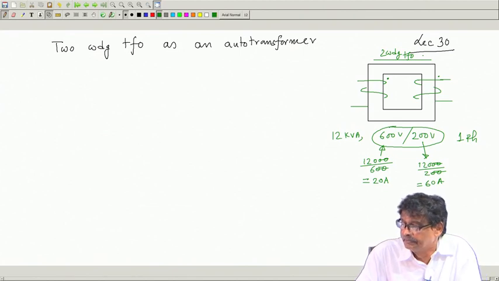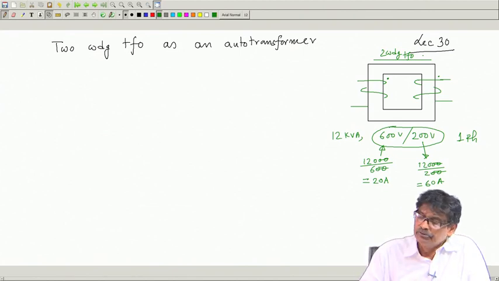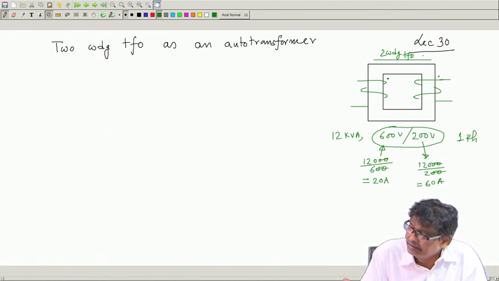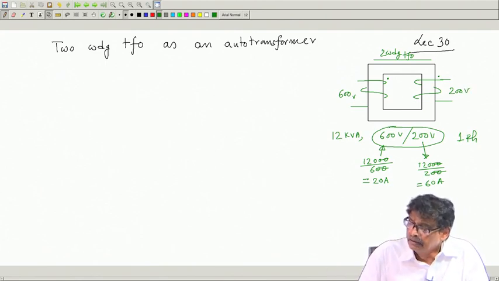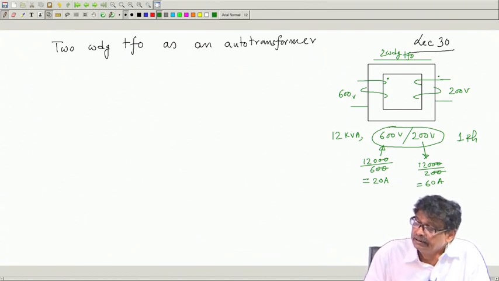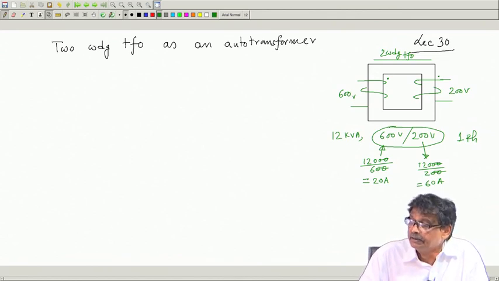Okay. Now, after having this, suppose somebody comes and asks, what does this mean? If you apply 600 volt, you will get roughly 200 volt here. Now, somebody comes and tells that in the lab a 600 volt supply is available, but you have a peculiar load which requires 800 volt.